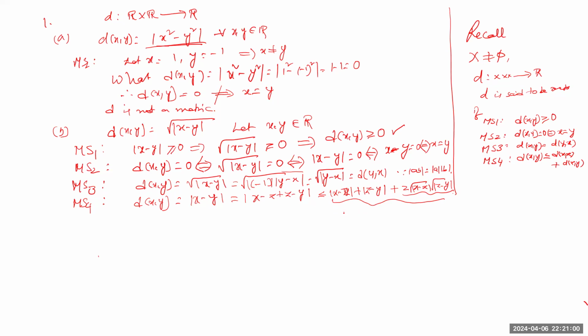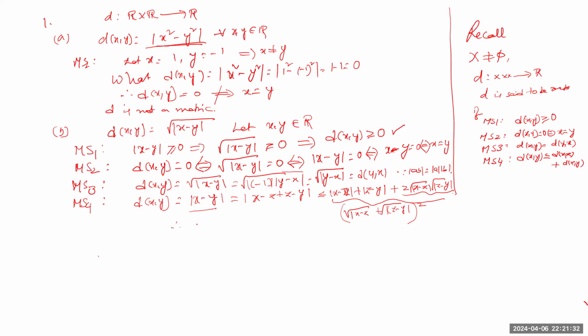What happened? This is square root of mod x minus z plus mod z minus y, whole square. This is the (a plus b) whole square expansion, right? So if I take square root on both sides, the square will be cancelled.